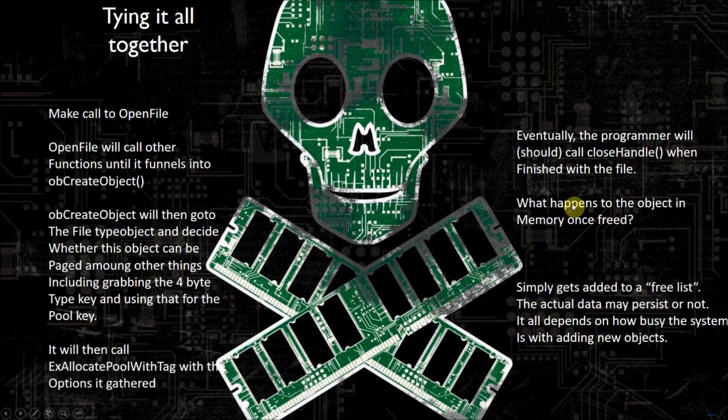So let's consider the case where he did call CloseHandle and the handle count is set to 0. What happens? Well, like I said before, it'll only get deleted when it's convenient. The operating system isn't going to fill that section of memory with zeros. Instead, it's going to add it to something called a free list, which tells the operating system that this section of memory is free for whenever future allocations are needed.